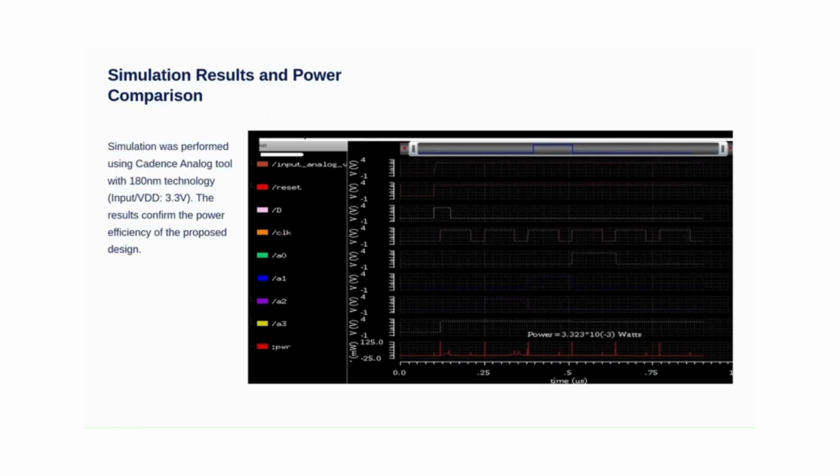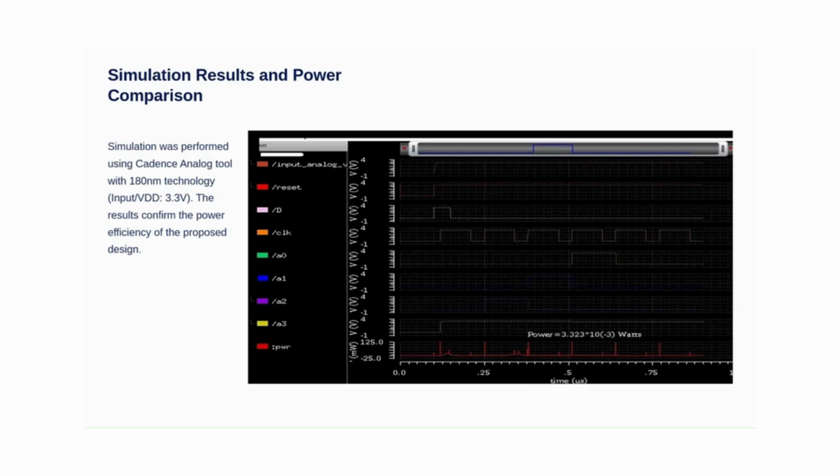Moving on to simulation results and power consumption, we simulated both the conventional and proposed SAR ADC using Cadence analog tools on the GPDK 180 nanometer CMOS technology. The input voltage and supply was set to 3.3 volts. The results showed that our proposed design consumes only 3.23 milliwatts compared to 50.51 milliwatts consumed by the conventional SAR ADC.